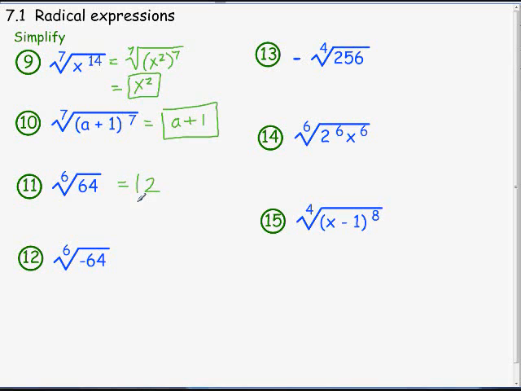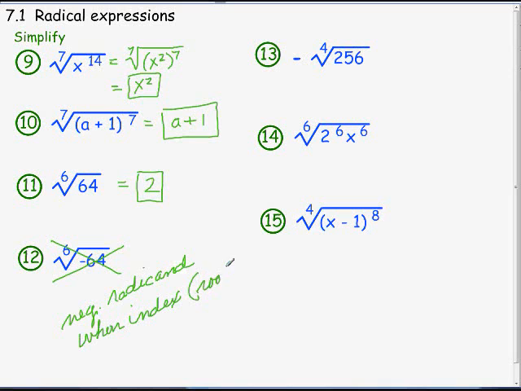So it's positive 2. What about the 6th root of negative 64? We cannot have a negative radicand when your index or root is even.